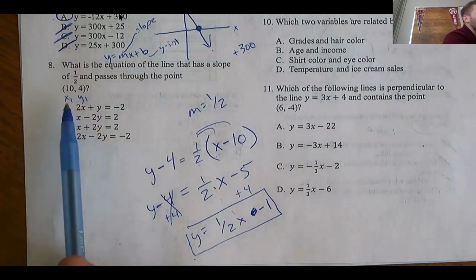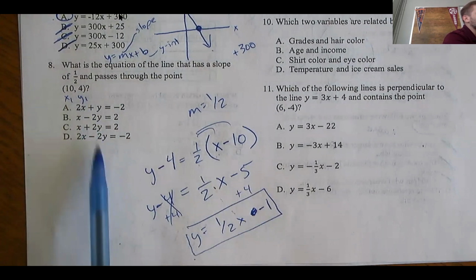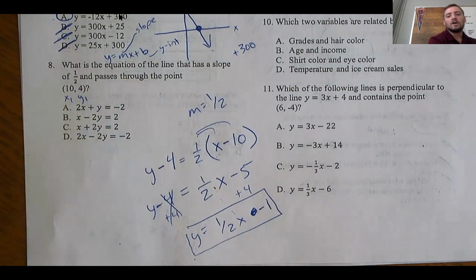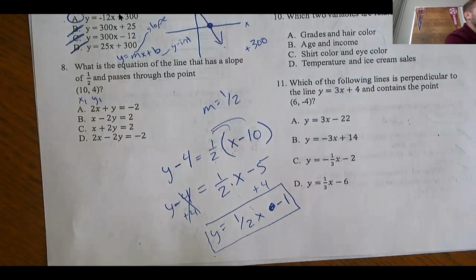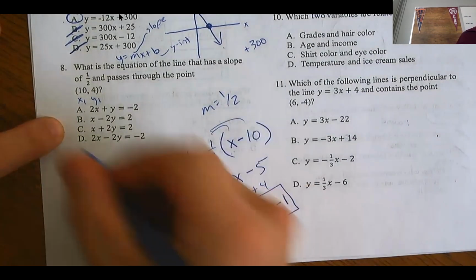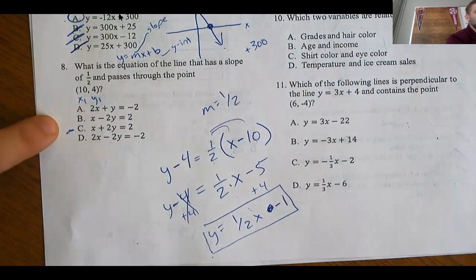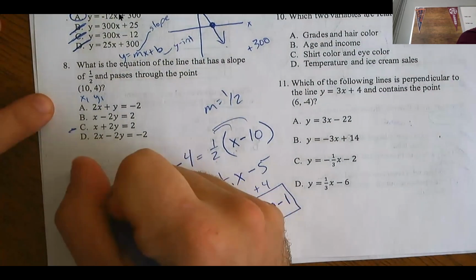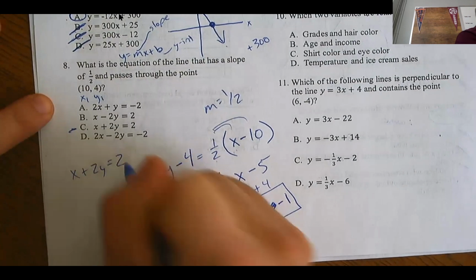But notice all of these answer choices are in standard form. So what we need to do is convert them so that they're no longer in standard form. They're in y equals mx plus b format. All right, just as a quick reminder, I'm going to go to C here just to show you guys. This is standard form.